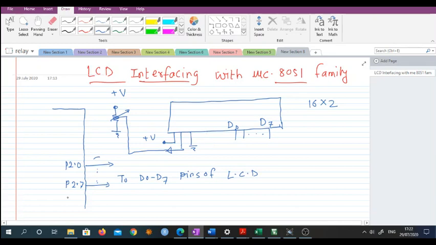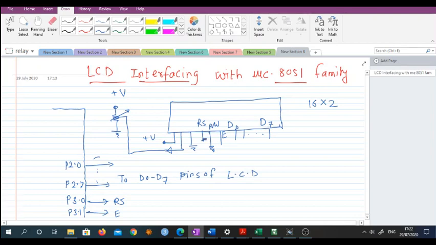Then I am using two more pins, P3.0 and P3.1, for connecting the RS pin and the enable pin. There is also a read/write pin, and one more pin, the enable pin. I am grounding the read/write pin permanently because I am doing a write operation.